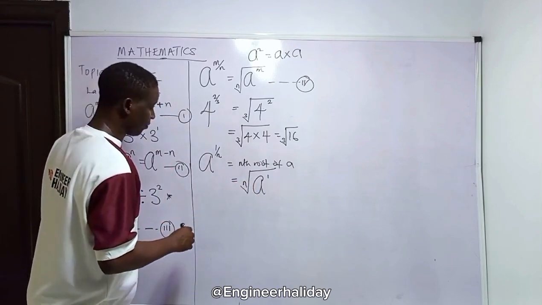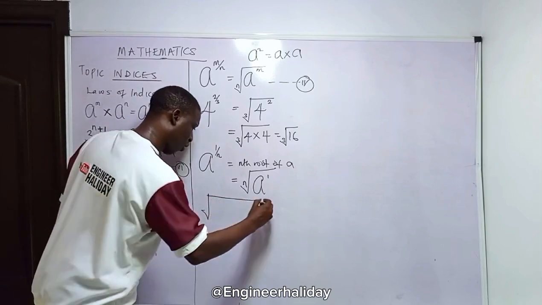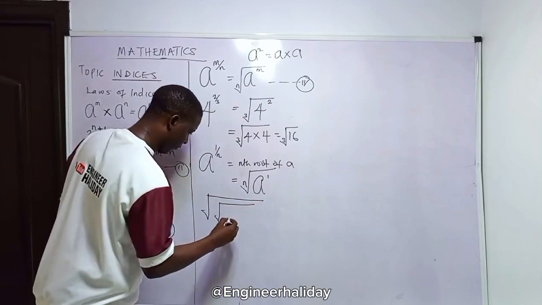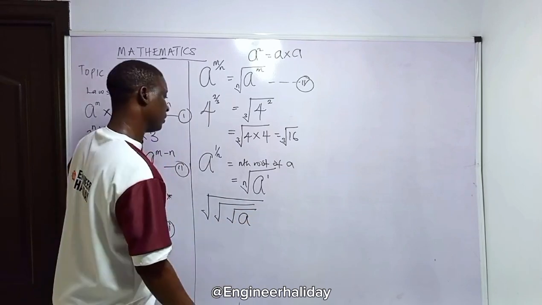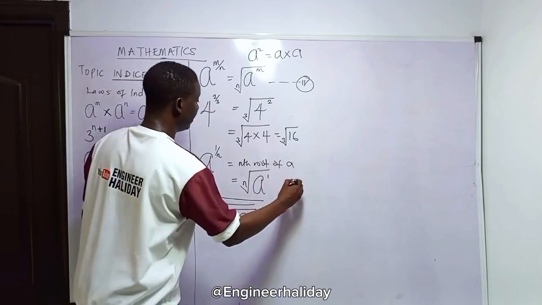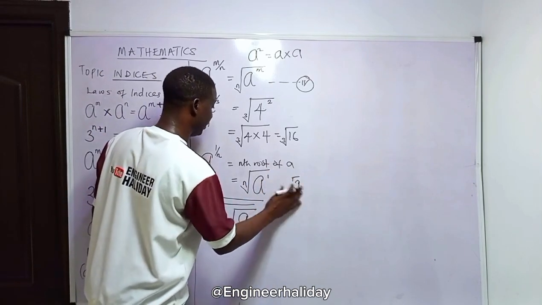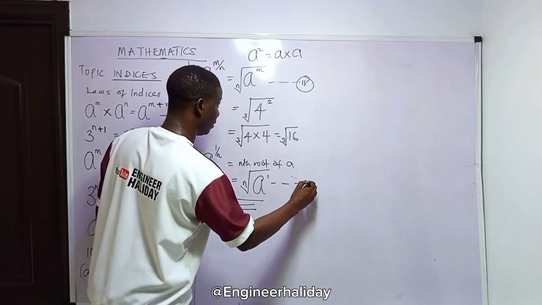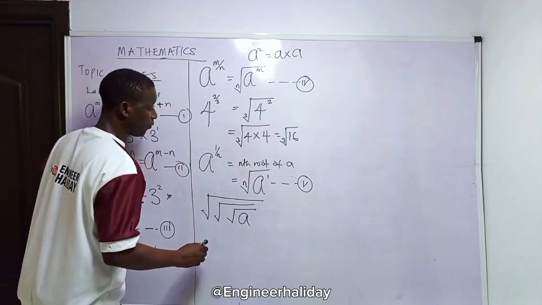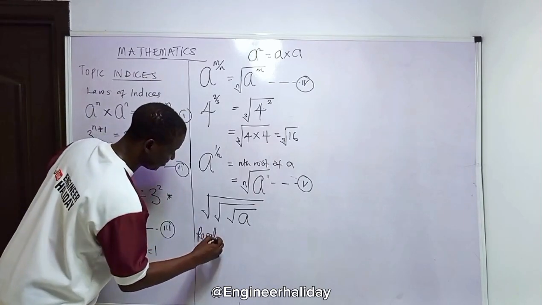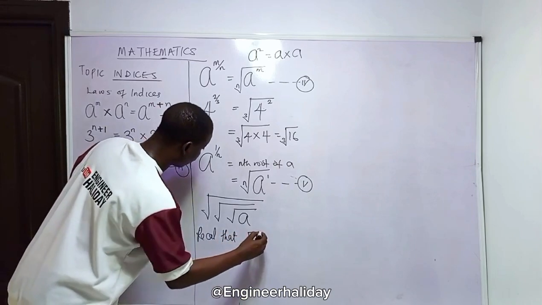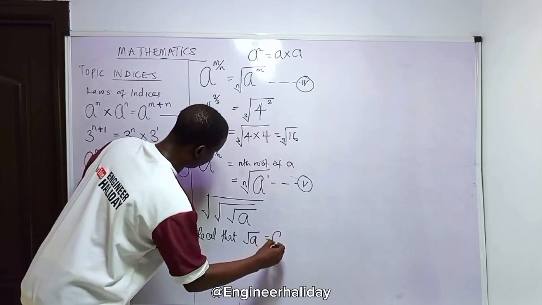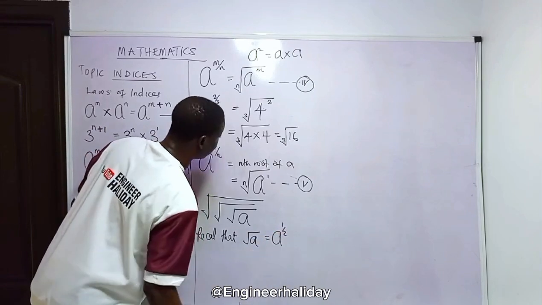So if I now have something like this, let's say I have the square root of a. What does that mean? Let me make this equation 5. Don't forget, recall that the square root of a is simply a raised by 1 over 2.